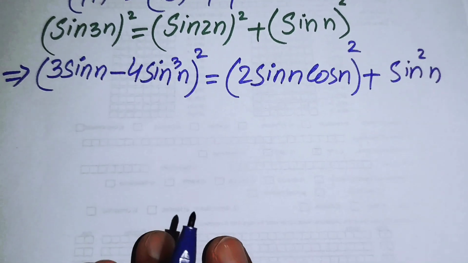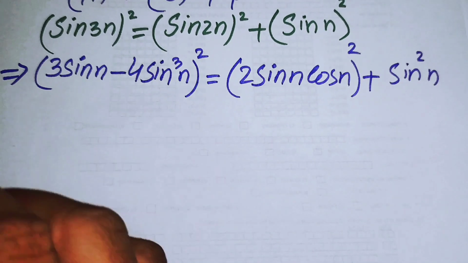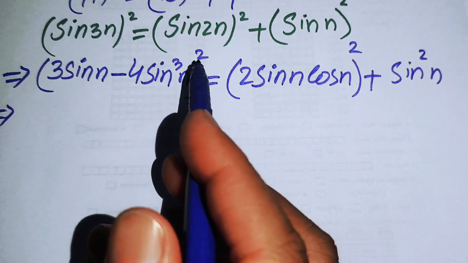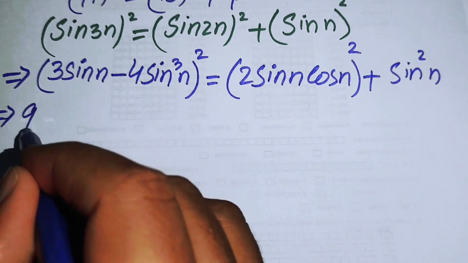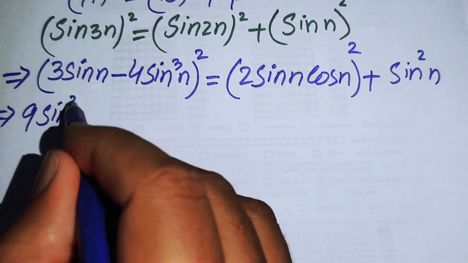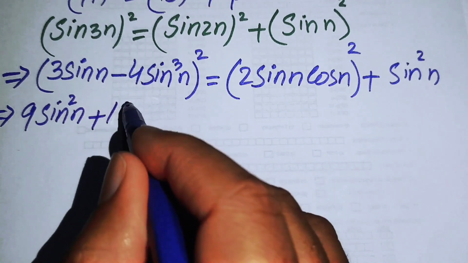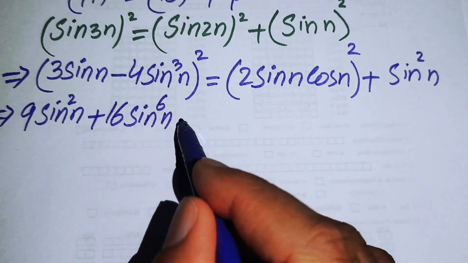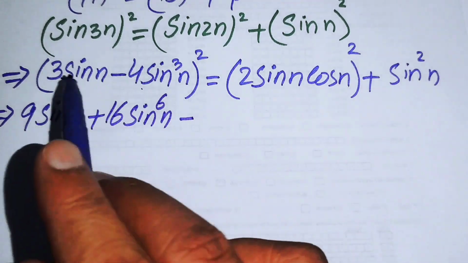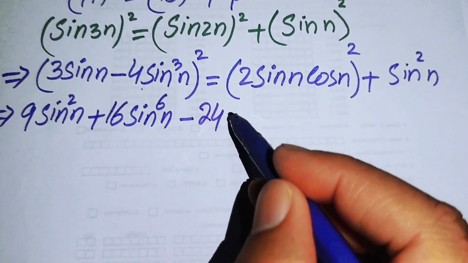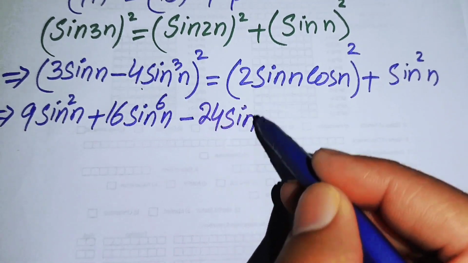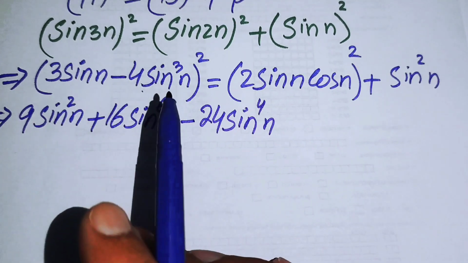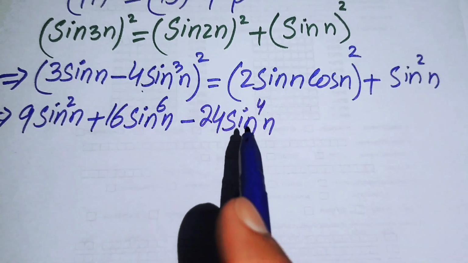So now in the next step we will simplify these terms. Our left hand side can be written by opening the formula of the square, and you get here 9 times sine square n plus 16 times sine to the power of 6 of n minus, you have 4 times 3 is 12 and 12 times 2 is 24 times sine to the power of 4, where we just open the formula of (a minus b) whole square, so you easily get these terms.